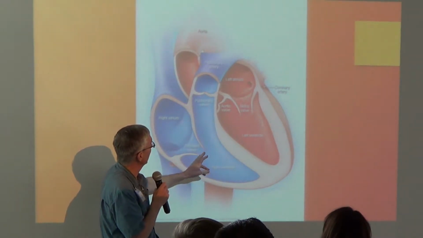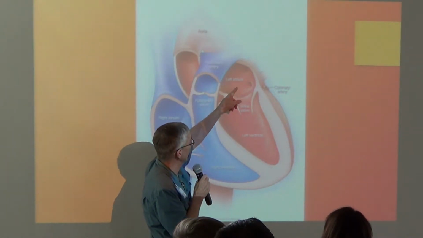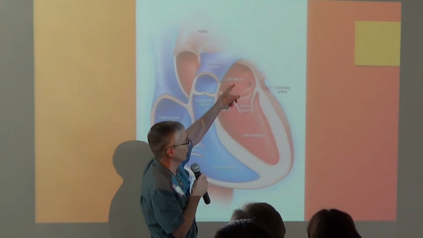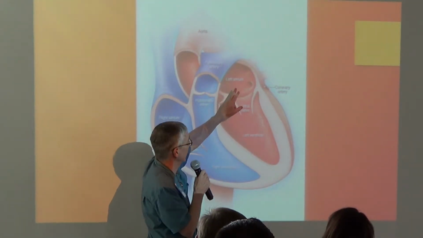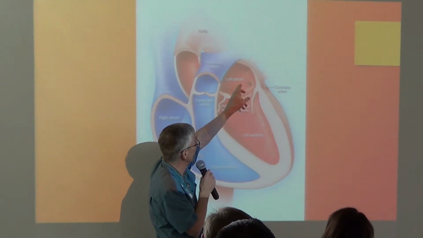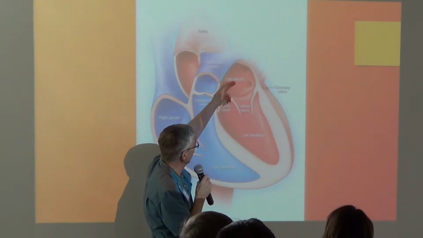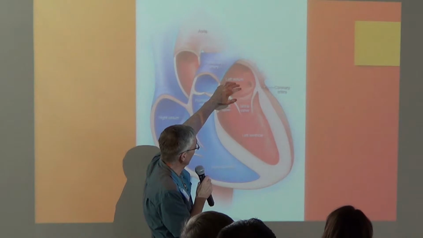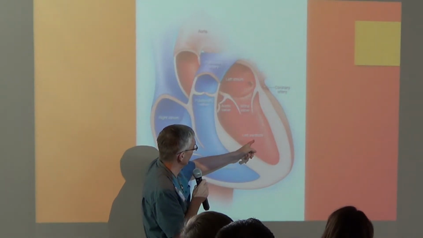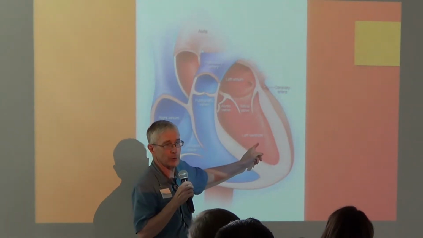And then the blood comes back into the other relatively low pressure side. And now it's a little bit higher pressure, but it comes back into the left atrium, which is the entry side on the left side. And when the heart pumps, the blood comes through into the left ventricle, which is the really big part of the heart.